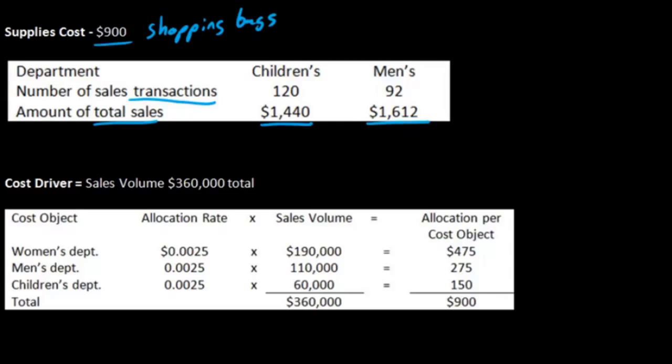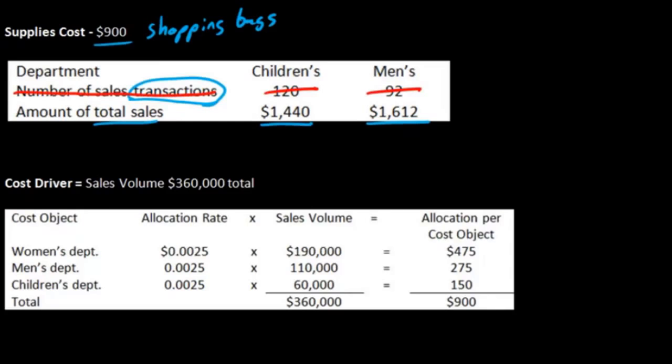So you can see that we use more bags in the children's department, but our total sales were smaller. We use fewer bags in the men's department, but our total sales were bigger. And this is probably occurring because the clothing in the men's department is more expensive than the clothing that's sold in the children's department. So in this example, we're trying to choose the best cost driver. We'd say the number of transactions is better. Transactions is probably the best cost driver because it has the strongest cause and effect relationship.